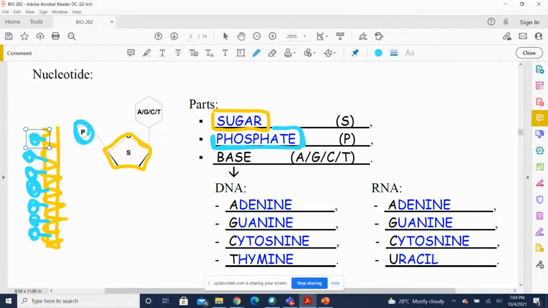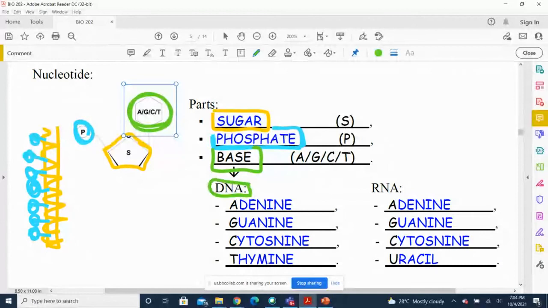So really, even though it's consistent and it's an important part of it, the biggest variation and biggest effect is, of course, due to the varying bases. And we have 4 different kinds of bases that we can find in the DNA. These can be either adenine, guanine, cytosine, or thymine, so A, G, C, or T.